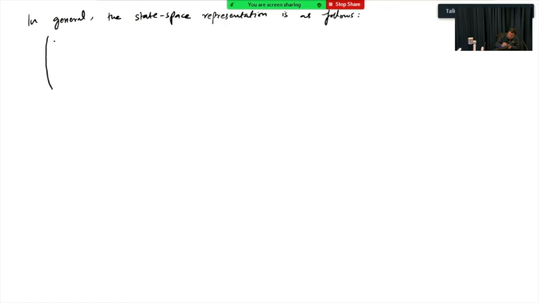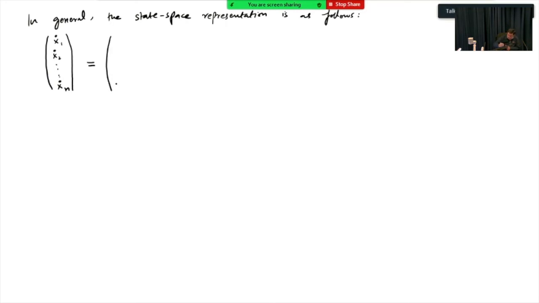Let's say you have a vector x1 dot, x2 dot, and so on up to xn dot. So these are n states, and these are evolving over time according to a linear differential equation.